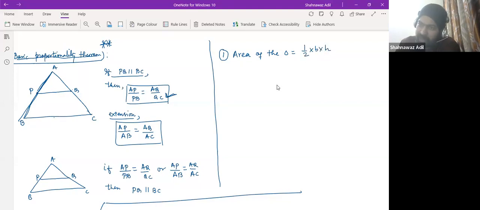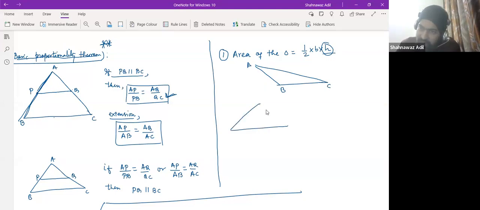This base can be different, right? Let's say we have this kind of triangle, and this is A, B, and C. The perpendicular may lie on the third side, or it may lie on the extension of the third side. For this triangle, we can see that the perpendicular will lie on the third side.